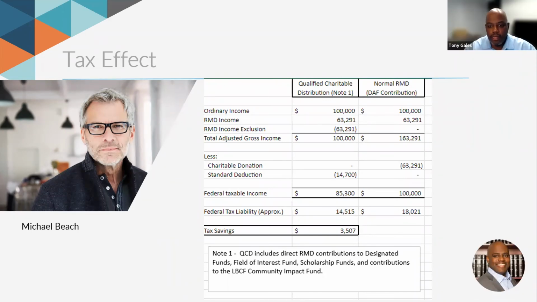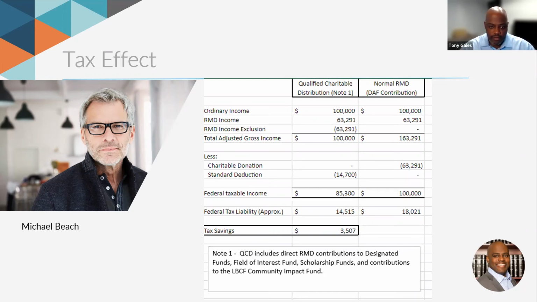Yes, you do. So in column 1, you'll notice that is the usage of the qualified charitable distribution option. For the QCD, that's if you were to have your RMD sent directly to a designated fund or one of the field of interest funds as previously discussed, and also the community impact fund and the scholarship fund.